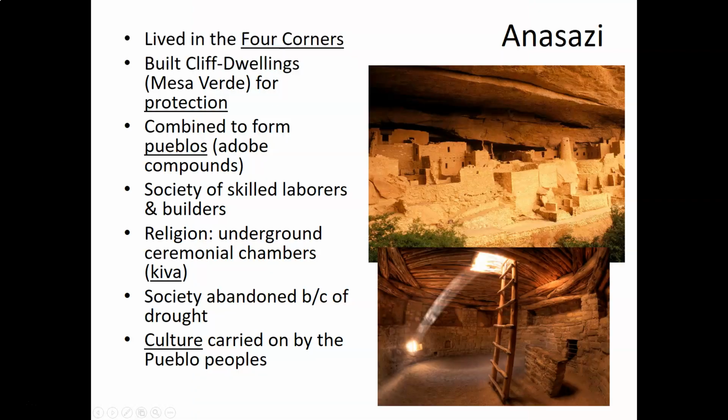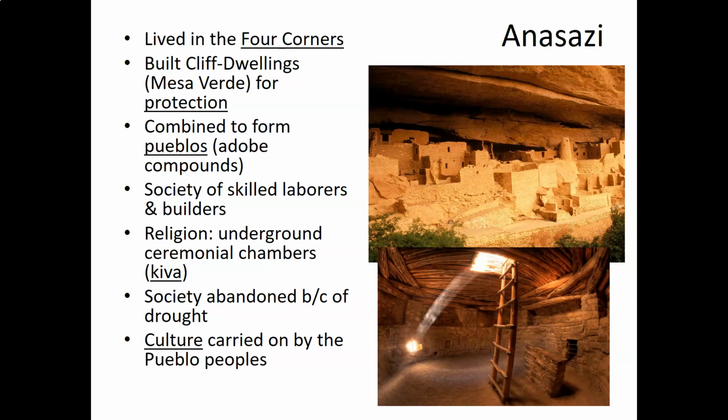And they built cliff dwellings. One of the most famous ones is Mesa Verde, another one Chaco Canyon. And they built their dwellings in cliffs for protection. And you can see on the screen what I'm talking about. Very difficult to get to these places because they're raised up into the cliff sides. And they combined to form pueblos, which were compounds made of adobe. So pueblos are just adobe compounds.